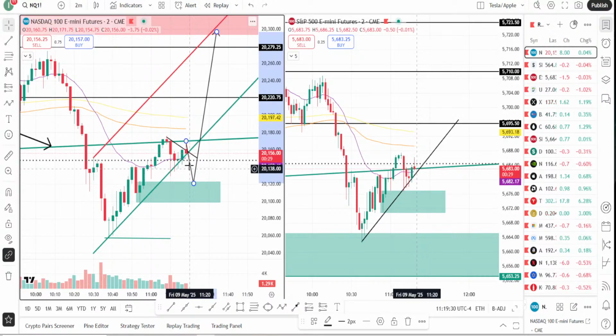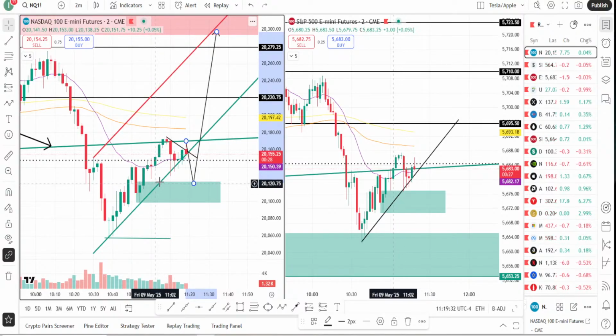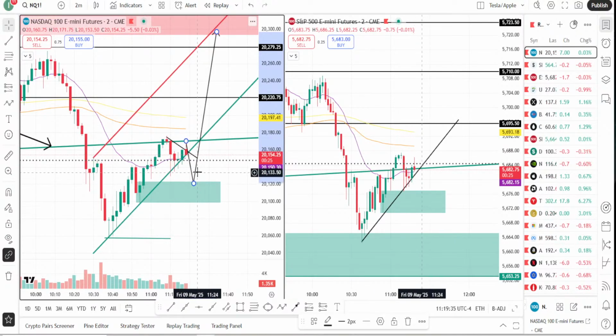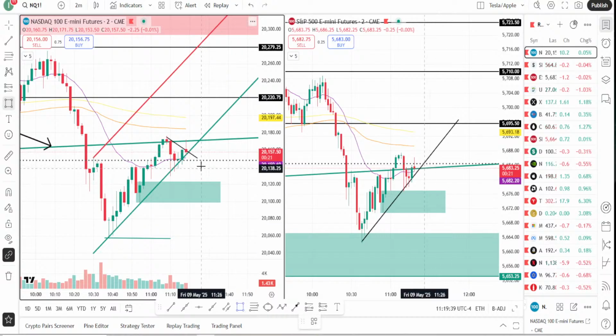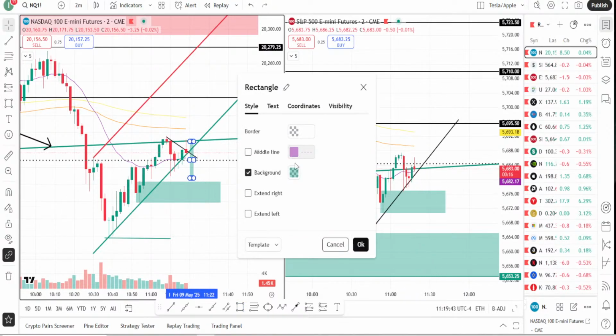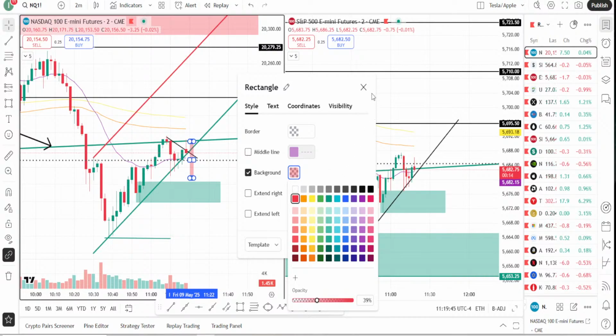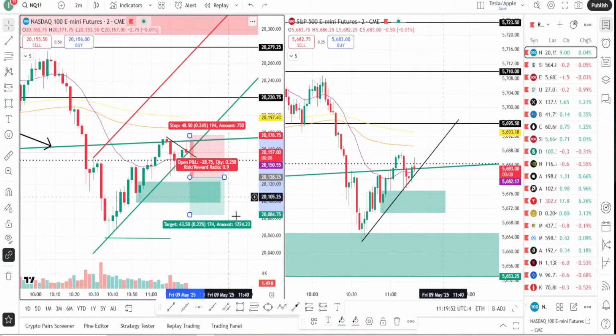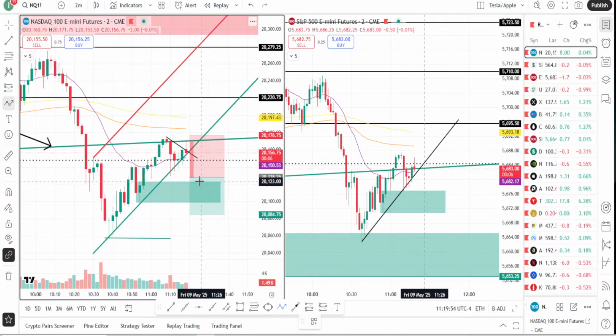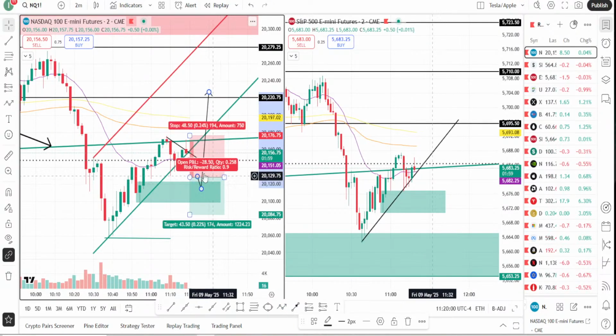So I wouldn't take this sell either, because like I said, there's a demand zone here. I wouldn't take the sell, because what happens if we get the strongest red candle possible here, and you take your short, put your stop at the high, and then price taps into the demand zone and stops you out immediately after getting in?